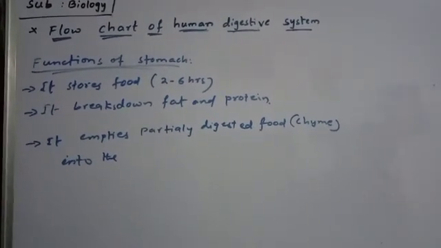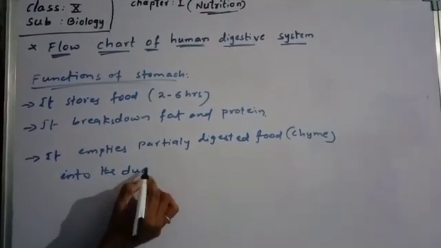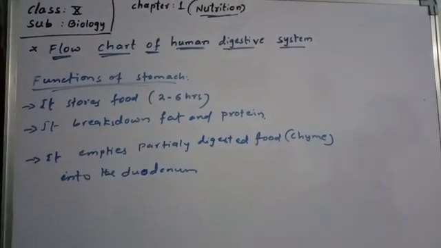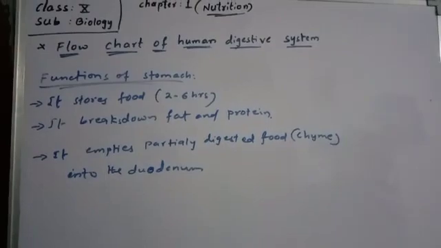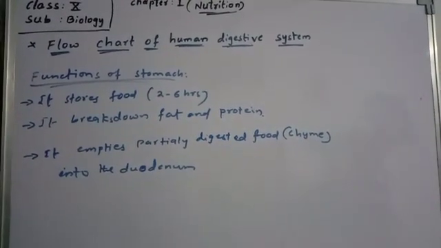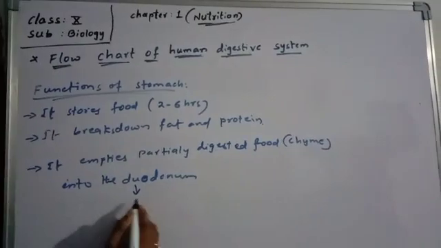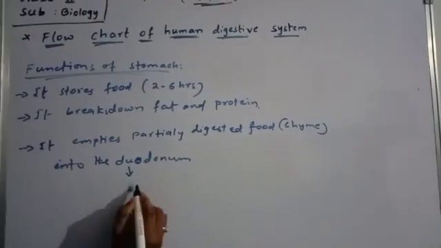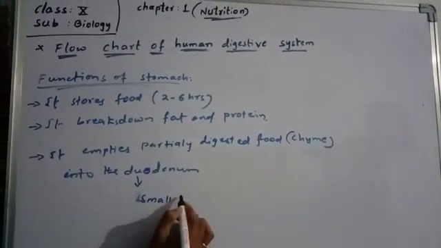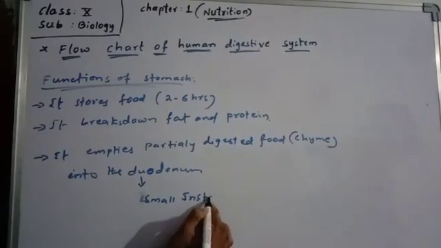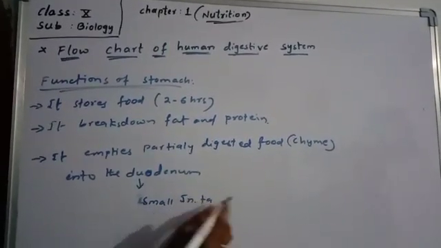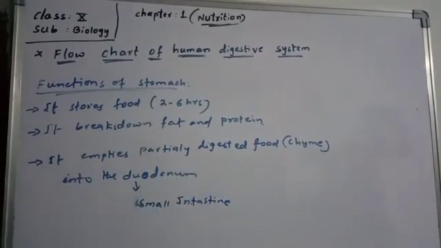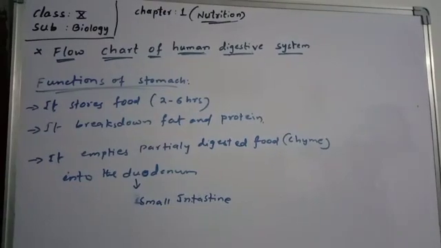After the duodenum comes the small intestine, as in the flow chart. After that it goes to the small intestine for digestion there.